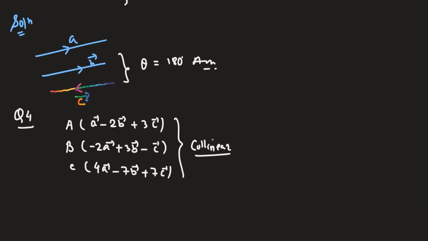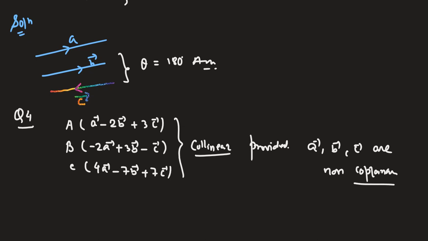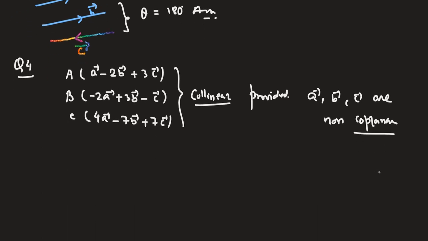We have to prove they are collinear, provided a, b and c are non-coplanar. If the 3 vectors a, b and c are non-coplanar, they are not on the same plane, then we have to prove that these three position vectors are actually collinear, on the same straight line.